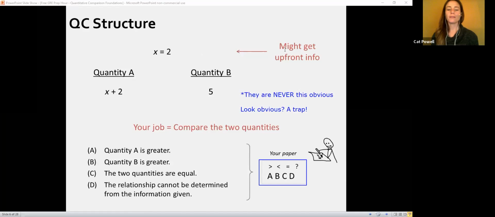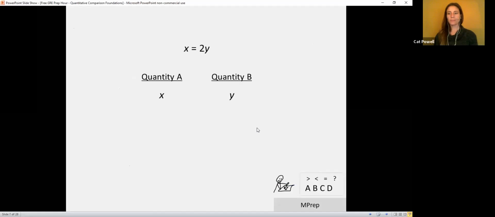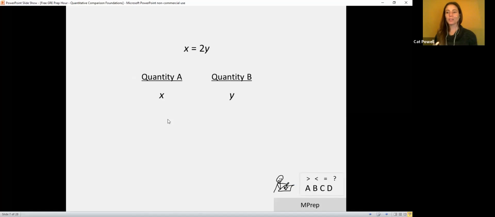They're never obvious. So let's say I gave you this question. What would the obvious answer here be? If we just rushed into making a snap judgment about this, what might we conclude? Oh yeah, that's really clear. That's obviously bigger.